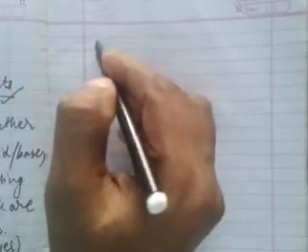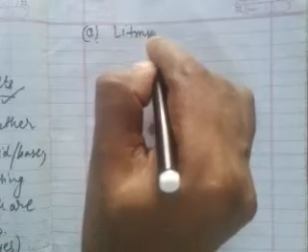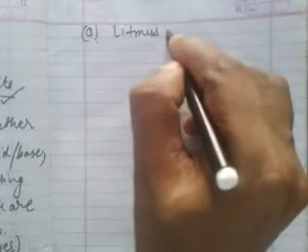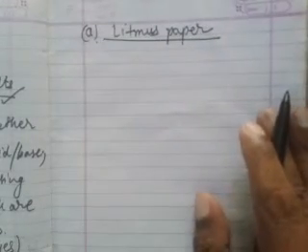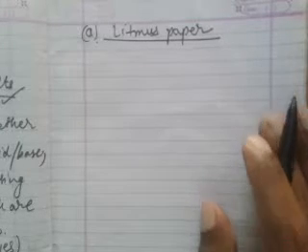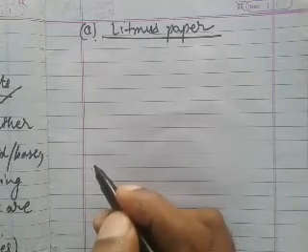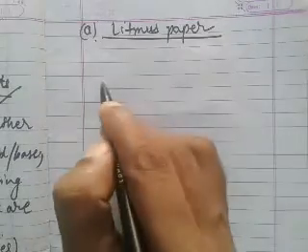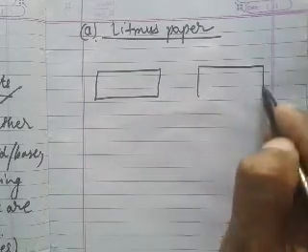So let us begin with that. First of all, how does litmus paper behave with an acid or with a base? Litmus paper is naturally available in two colors.